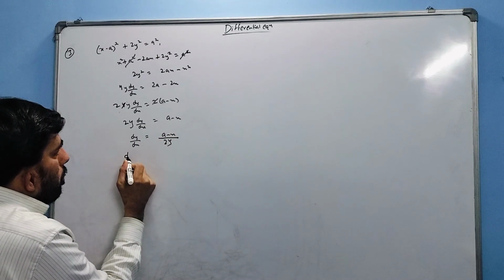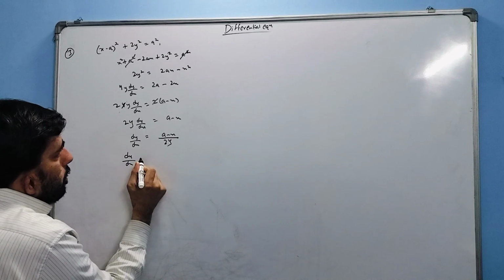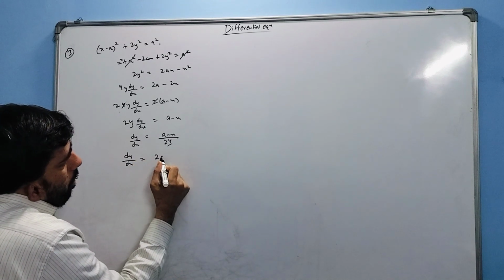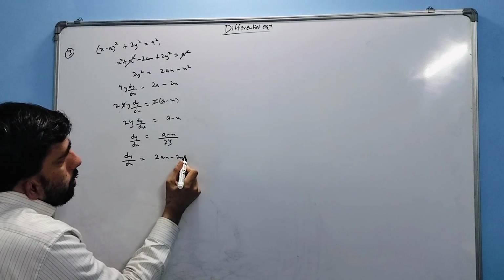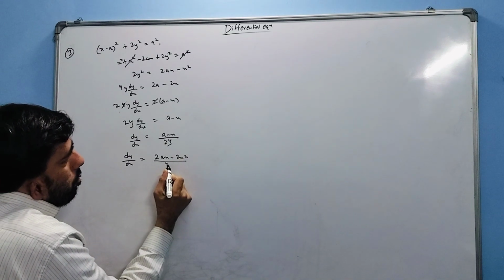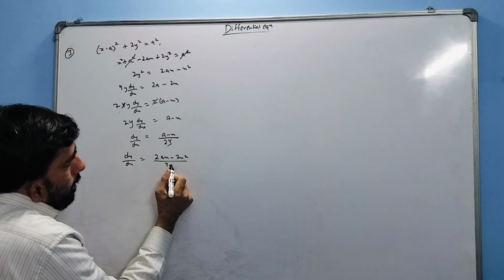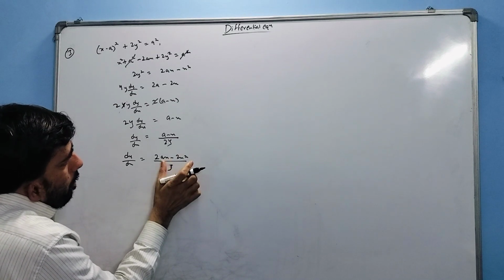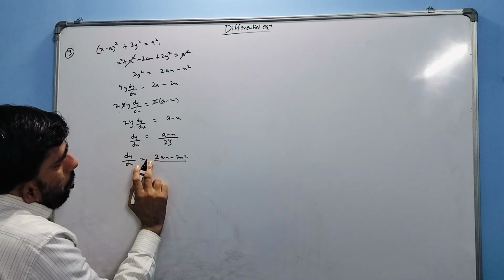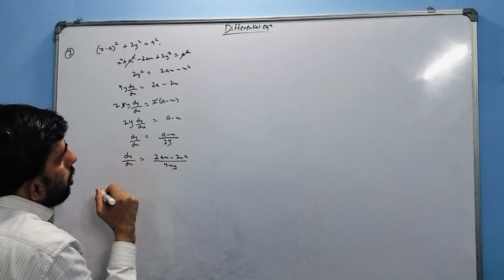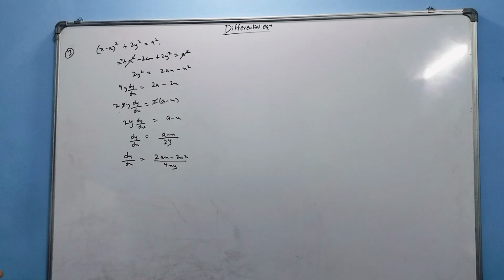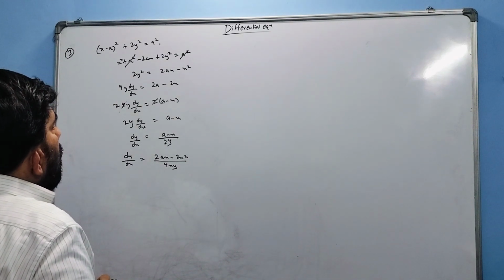So we get dy upon dx is equal to 2ax minus 2x square upon 4xy, since I multiplied with 2x, so it will be 4xy. So I got this: dy upon dx is 2ax minus 2x square upon 4xy.